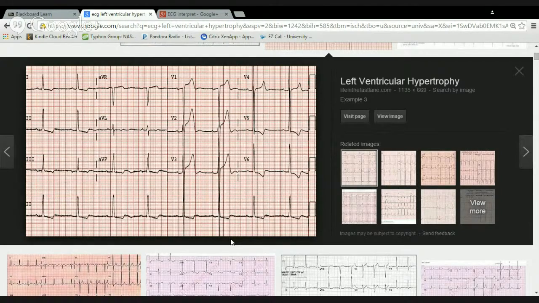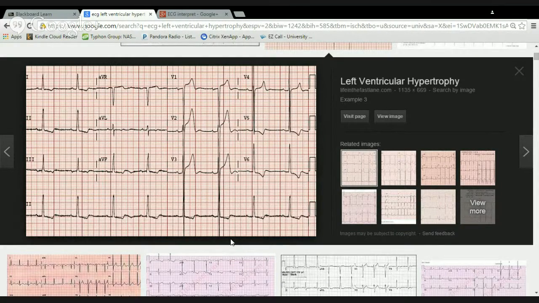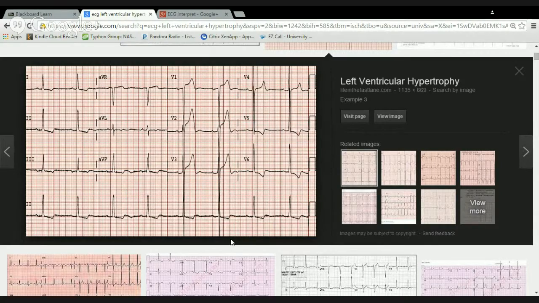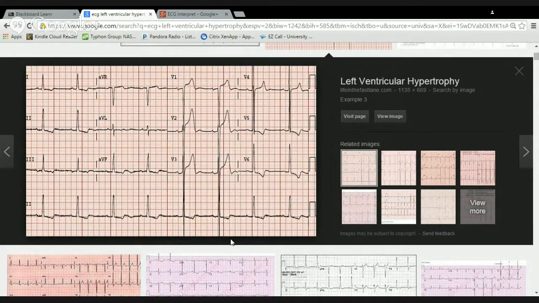Moving on to the axis, I'm going to be looking in V1. The R is positive, going upward, and in AVF it is also going upward, so there's no axis deviation, or normal axis. For hypertrophy, I'm looking in V1 at the S wave. The S wave is very large.